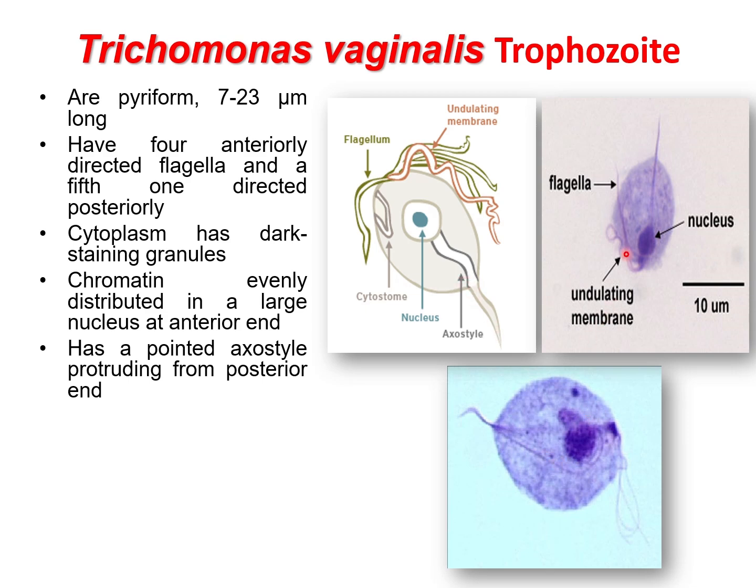So when we talk about trophozoite of Trichomonas vaginalis, we can by preparations see the nucleus, which is one nucleus, the axostyle, we can see the four anterior located flagella, and we can see a short one, which is a fifth that is located at the posterior side.